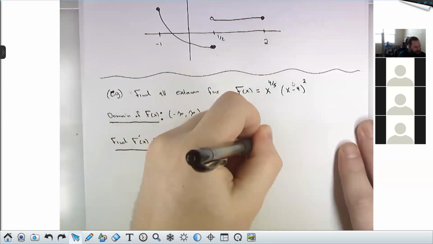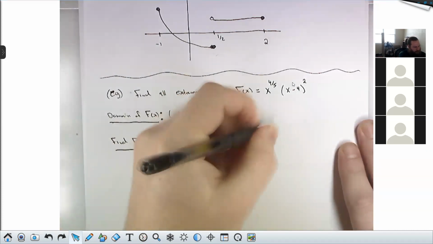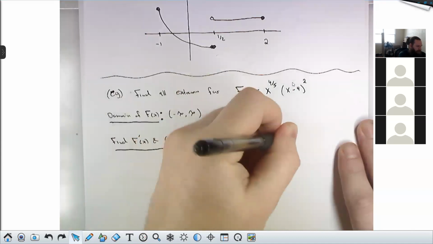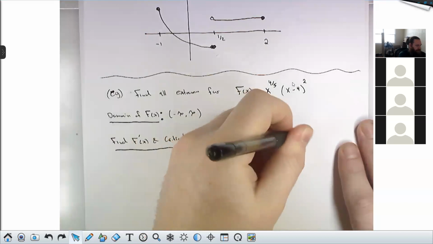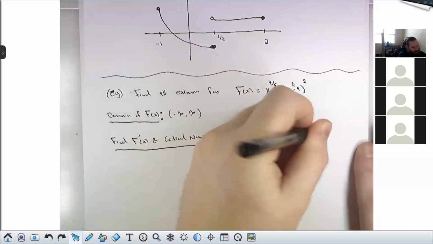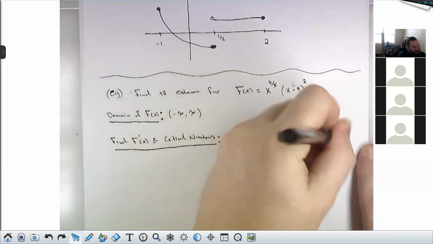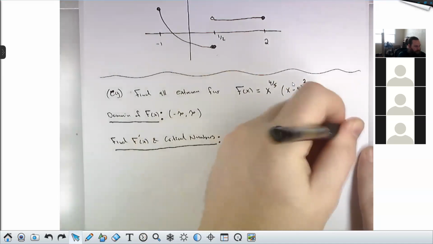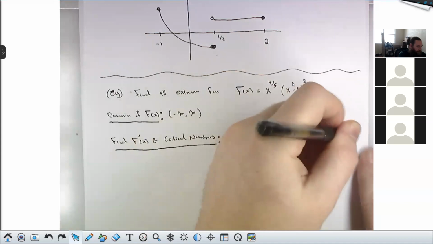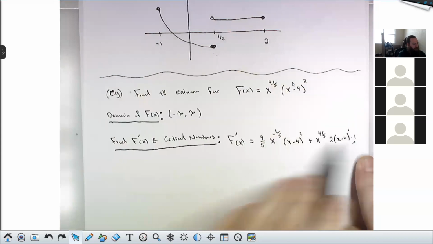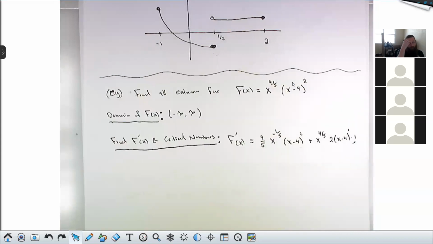That's 4/5 x to the 4/5 minus 1, which is negative 1/5, times x minus 4 squared, plus x to the 4/5 times the derivative of this piece, which is 2 times x minus 4 to the 1 times the derivative of the inside, which is 1. That's it. A little bit of chain rule inside a product rule overall.